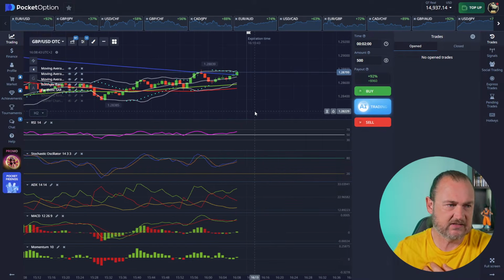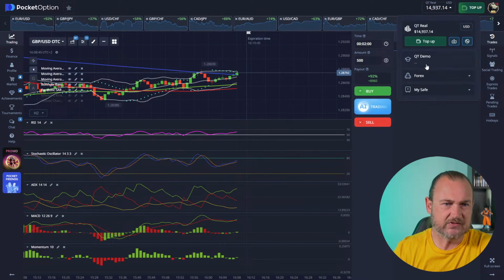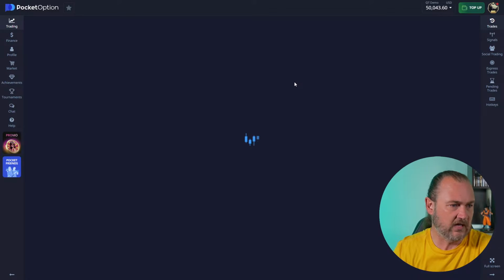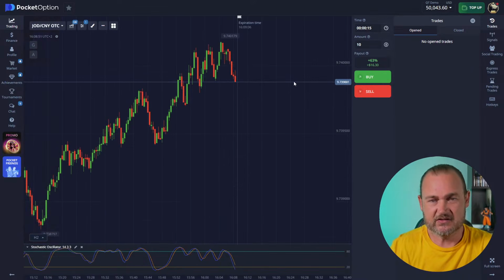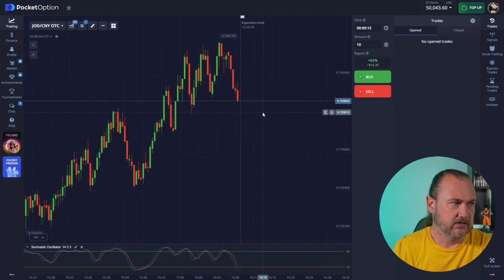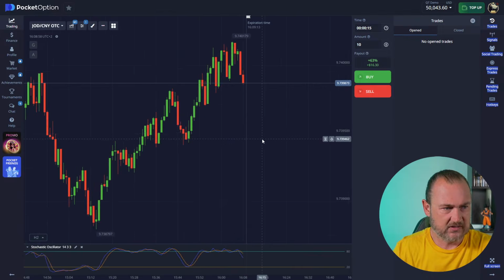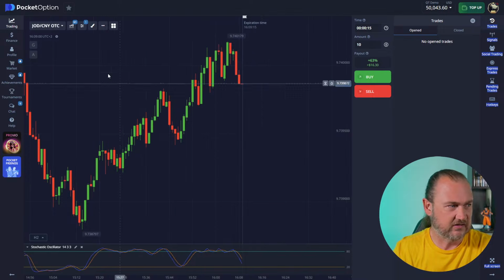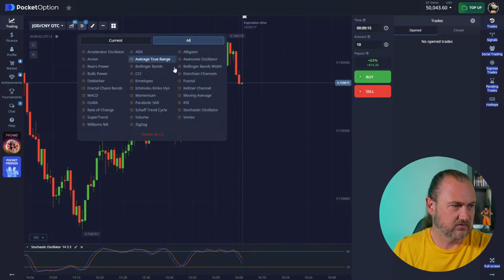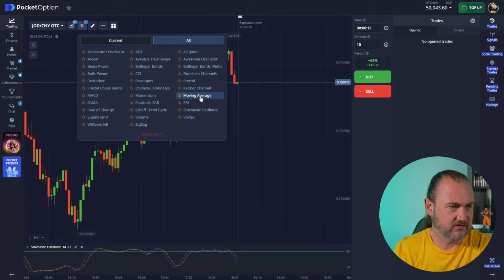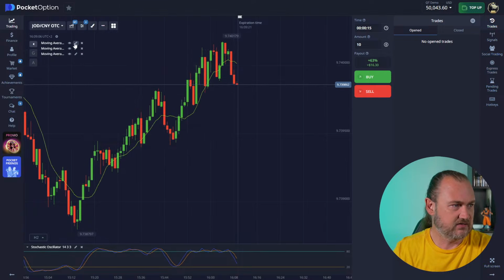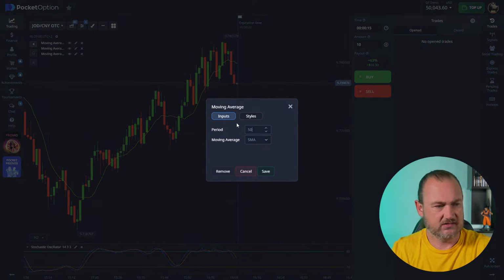I want to switch to demo for this, because I'm going to purposefully try and lose some trades now, and I don't want to mess around or try something like that using my actual account. Now, my demo account doesn't have any indicators on. Let's add those quickly.